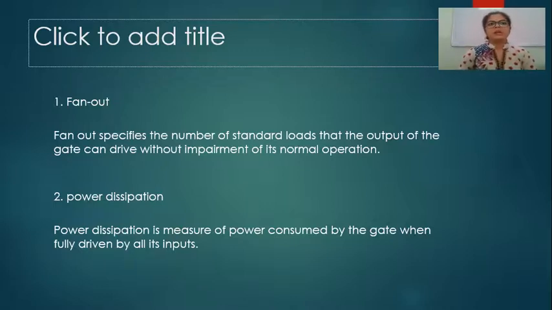Whenever you go to the market to buy a product, you must have heard that this product consumes very little electricity, so you always prefer to buy that product. And why will a product which consumes very little electricity be of high cost? The reason is a characteristic of the IC, power dissipation.